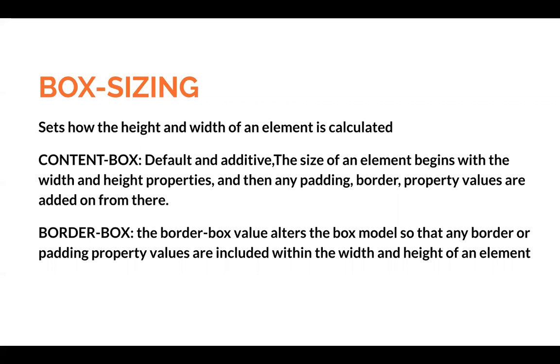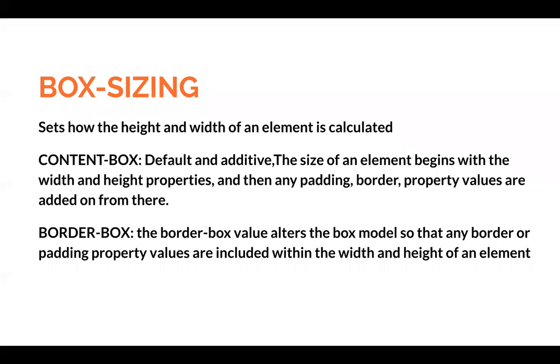So if the margin is 10 pixels, the padding is 10 pixels, and I want the width of my element to be, let's say, 400, what it does is it removes the padding and the margin from that 400. The remaining width will be what is ascribed to the content.